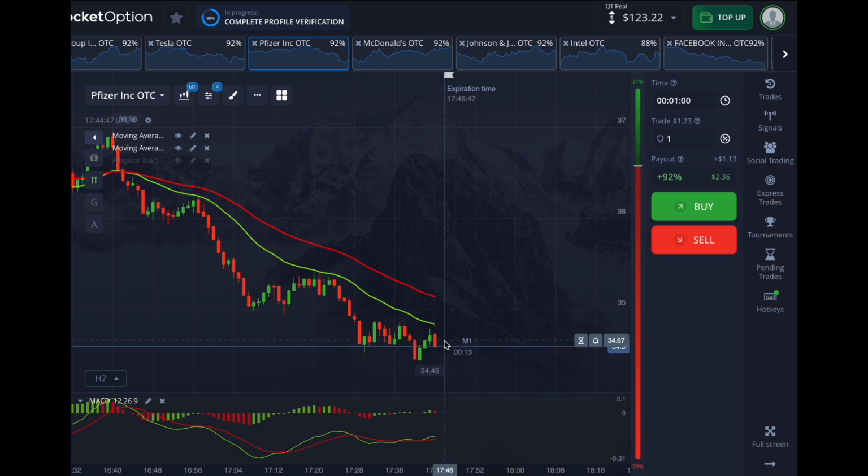I want to note this is a downtrend, and we are waiting for price to reach the 25 EMA before placing a trade. But because I was impatient, we will lose this trade. When this happens, do not panic, just double your amount and place it again.